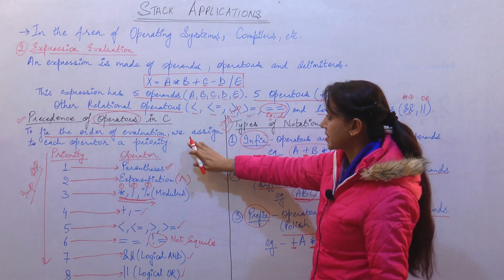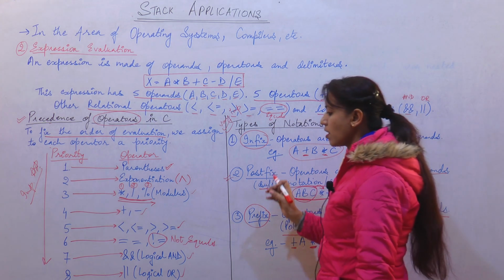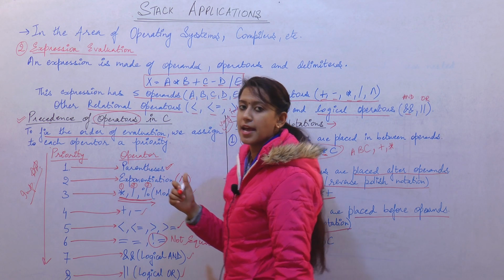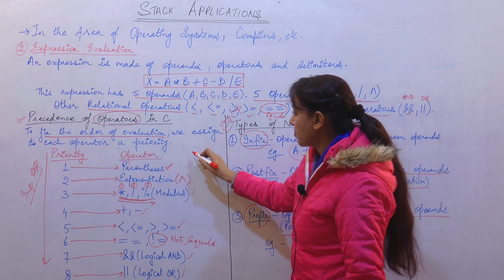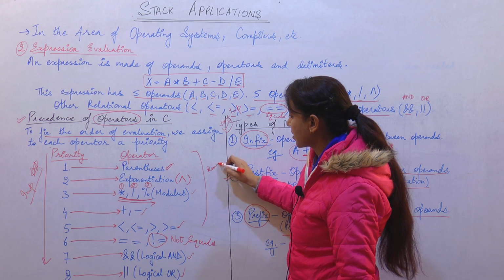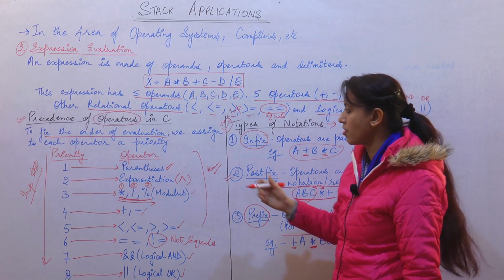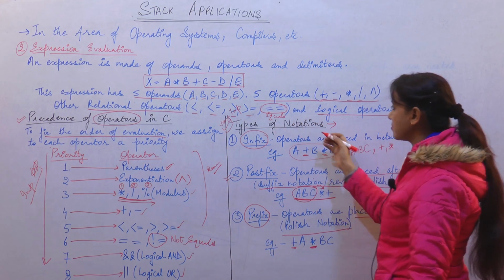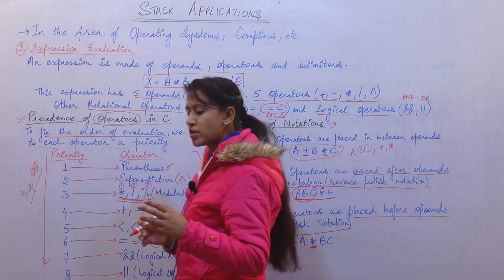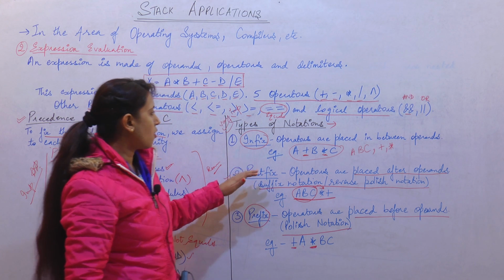So this precedence of operators and types of notations, these two are the most important topics of stack applications. Priority should always be kept in mind, so that it will help in evaluating the expressions according to the priority. And types of notations are important because for converting from one notation to another, we must understand the basic meaning of these notations.